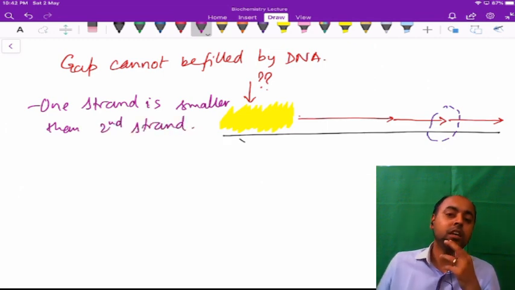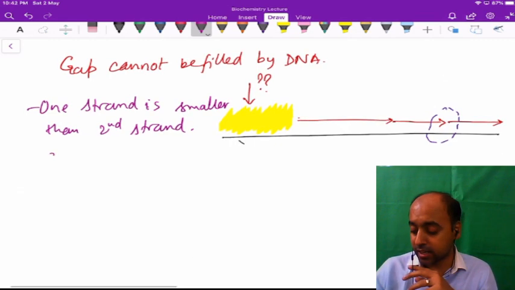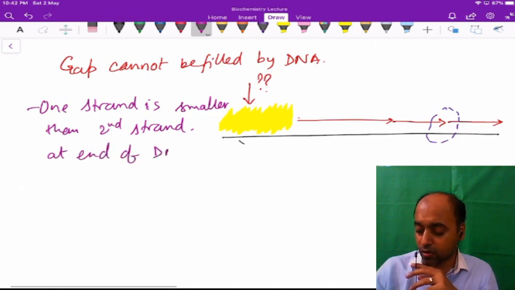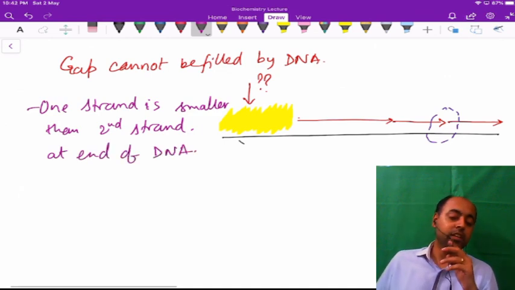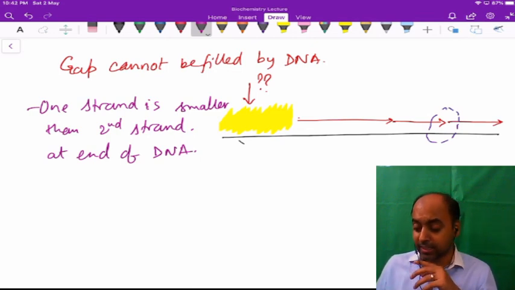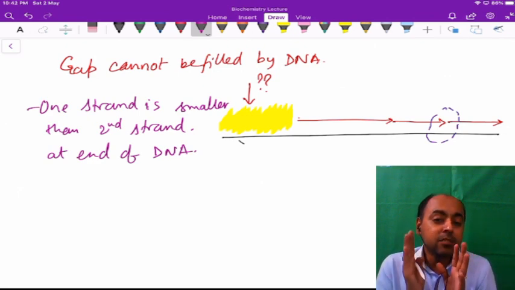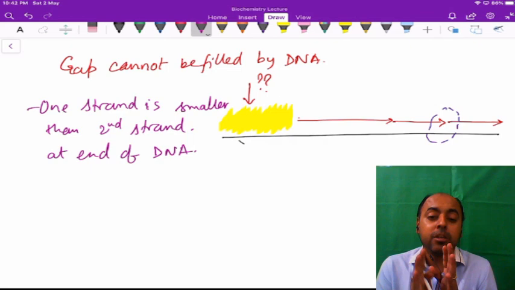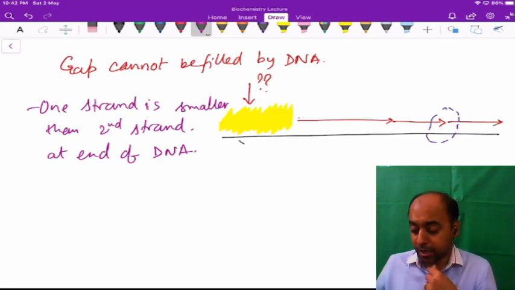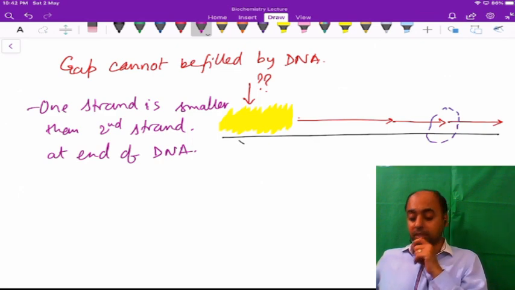When we were discussing the telomere, I had said that one strand of DNA is smaller than the second strand at the end of DNA. At the end of DNA, you will always find that one strand is smaller than the second strand. This is because the gap occupied by the last primer cannot be replaced, and it will always bear this gap.